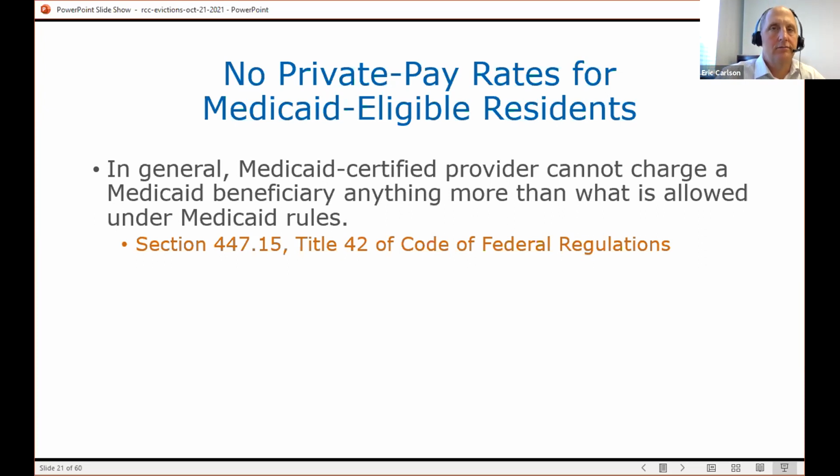A simple example: if a physician cares for someone who's Medicaid eligible, and the physician is certified to accept Medicaid, the physician has to bill based on Medicaid and can't charge the person a private pay fee-for-service rate. You have to accept the insurance. That's the standard for a provider participating in these programs.